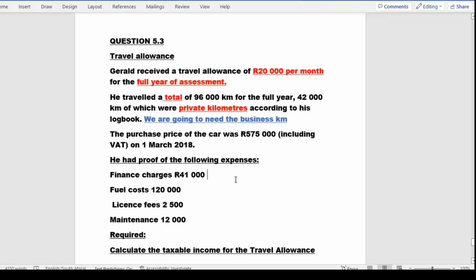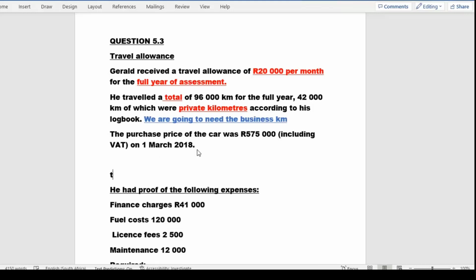The purchase price of the car is 575,000 including VAT on the 1st of March 2018. So remember, what you're going to say is here, the purchase price does not exceed 595,000 Rand.